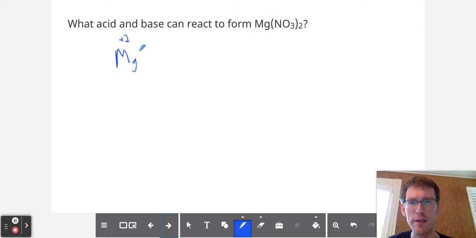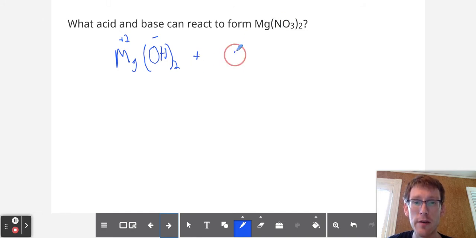This is positive, so it's going to be hydroxide that was with it. If it's a magnesium 2+ and a hydroxide 1-, then it's Mg(OH)2, magnesium hydroxide, that reacts with, well, I've got nitrate here, NO3-, so the H+ has to come into play.